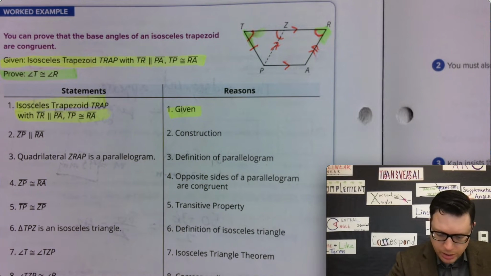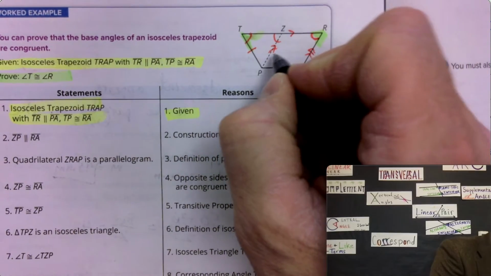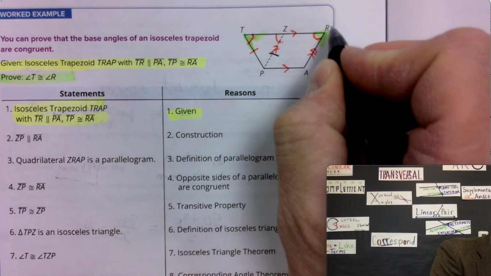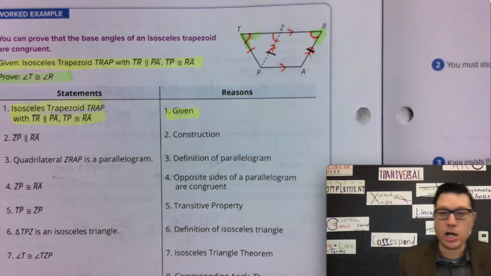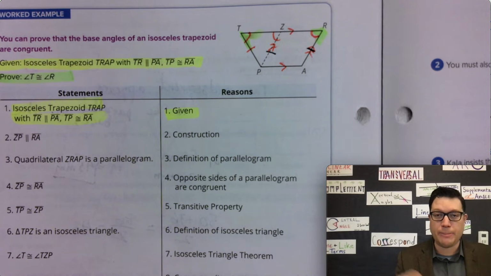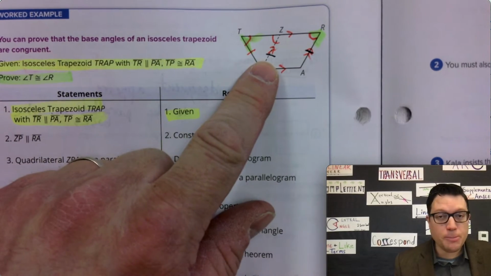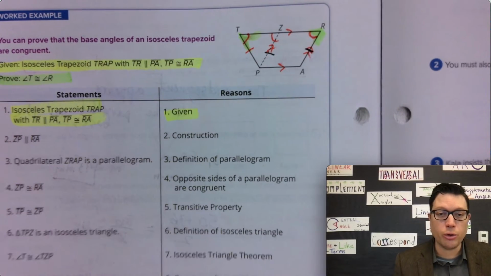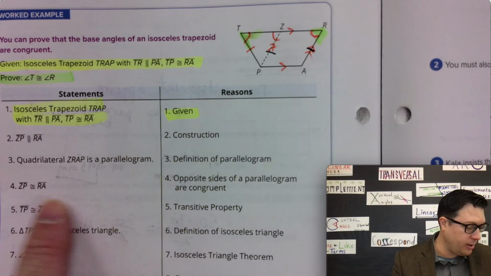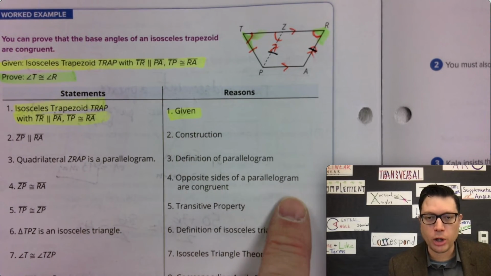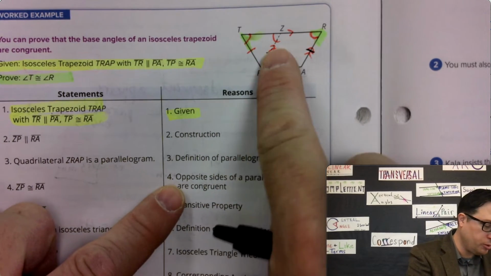So we need to add some markers there. Let's put a spike on ZP, and RA already has a spike on it because it's an isosceles trapezoid. That tells us that if it's a parallelogram, opposite sides are congruent. We have opposite sides of a parallelogram are congruent. That's our reason.